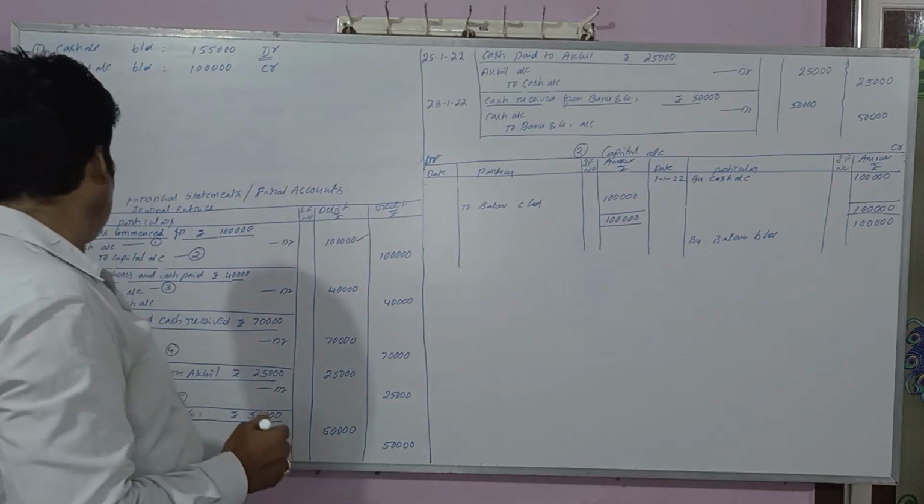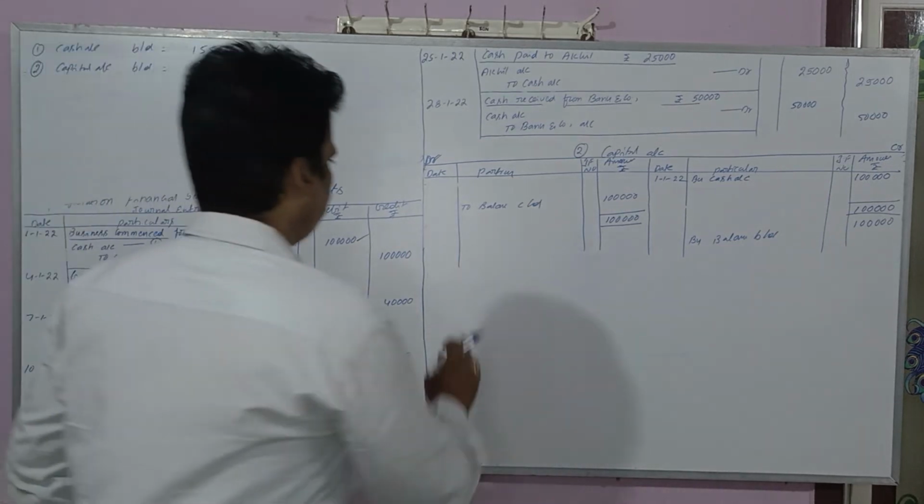Next, the third account is the purchase account.